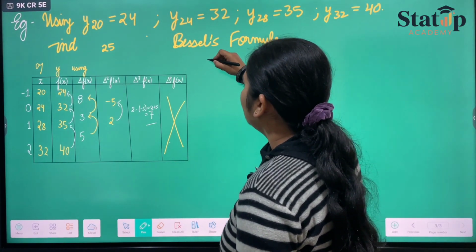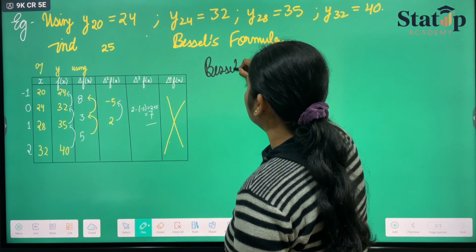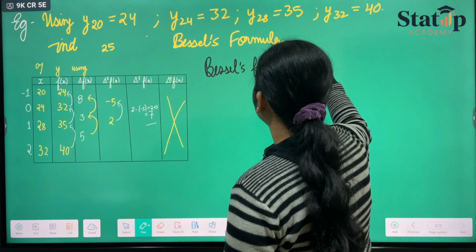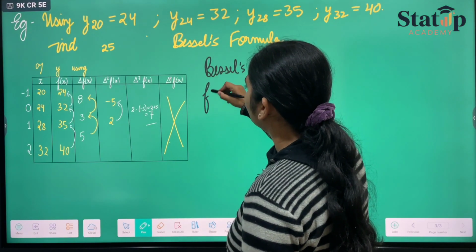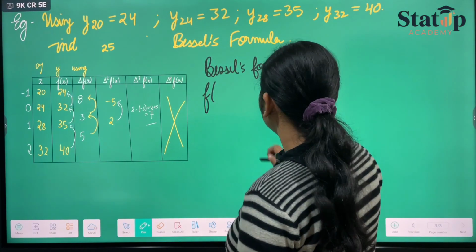The Bessel's formula, let us write what our Bessel's formula was. Bessel's formula states that f of u, here u is 25.